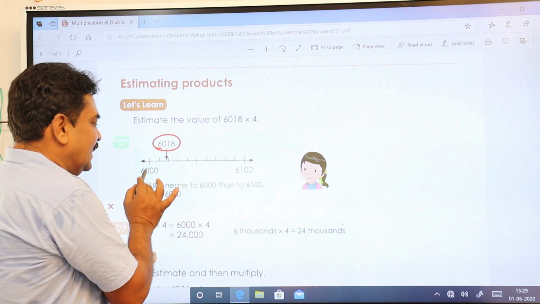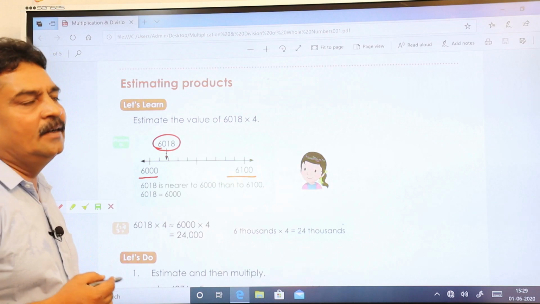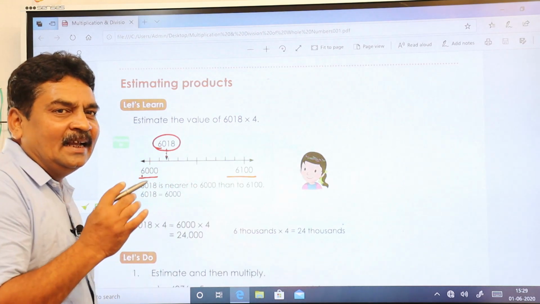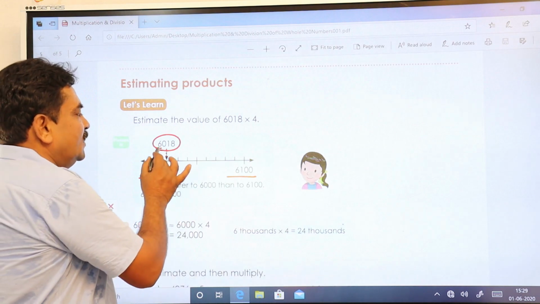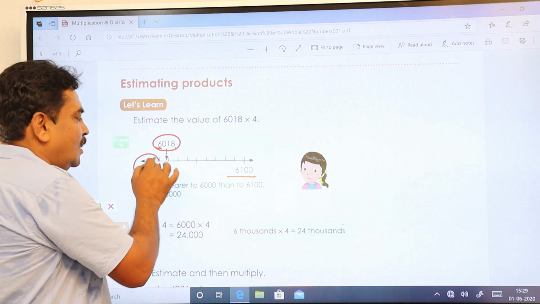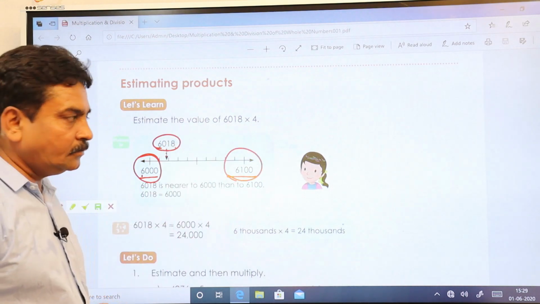Is 6018 nearer to 6000 or nearer to 6100? It is nearer to 6000. So we estimate 6018 to the nearest round value, which is 6000, not 6100.